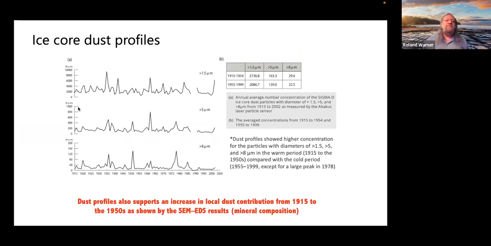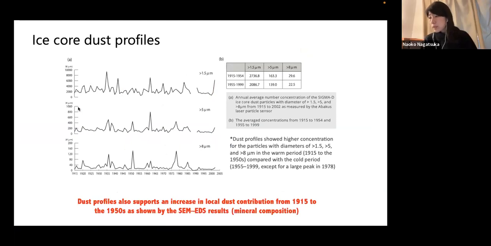So maybe I also analyzed the dust with the different sizes, and the result shows the coarser. I show the 3 different sizes of the dust, and these all show higher concentration in warm periods than the cold periods.